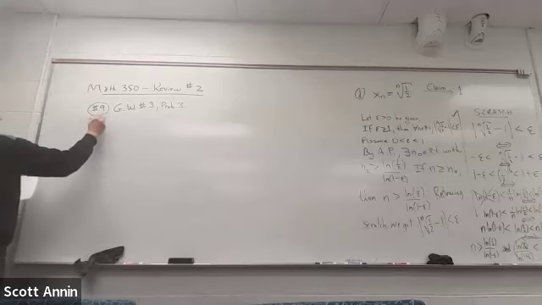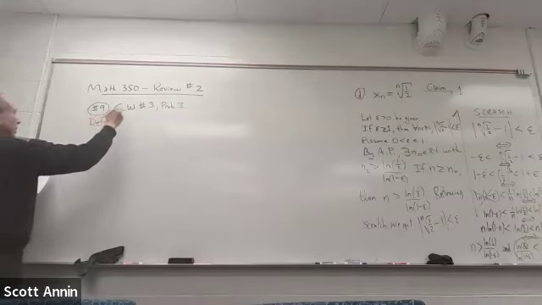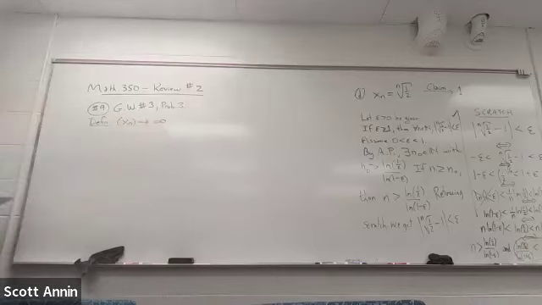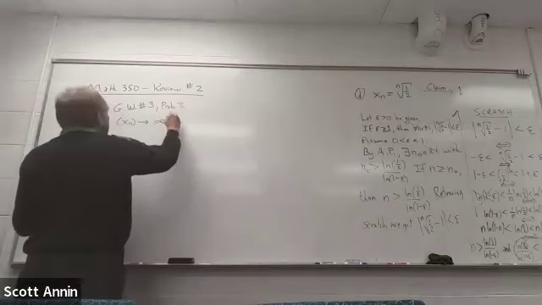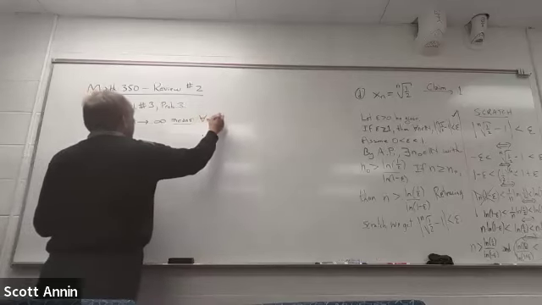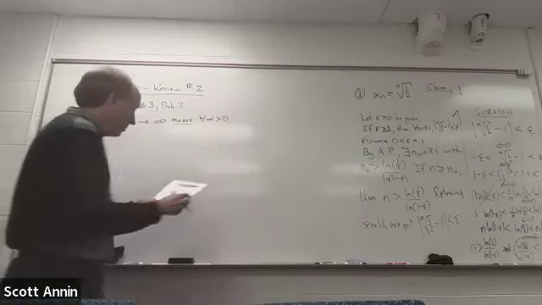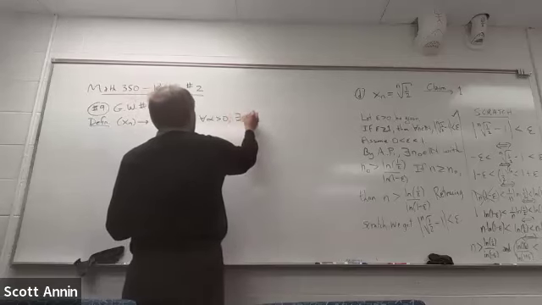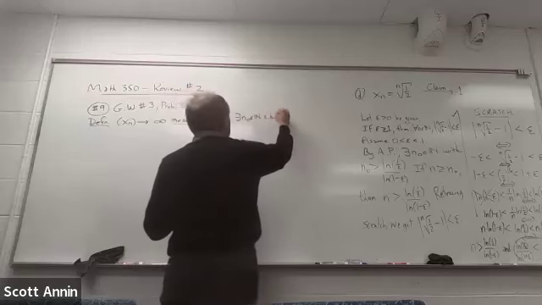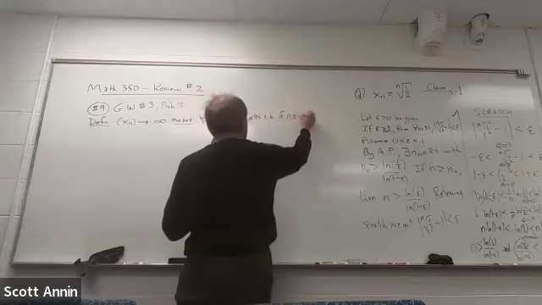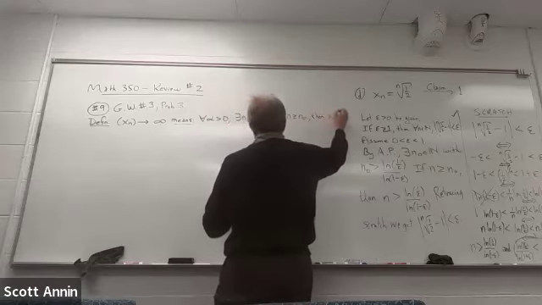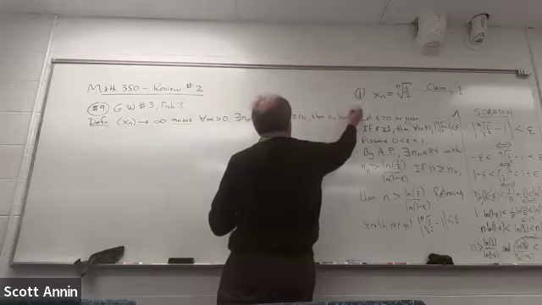So there's a definition here that I'm going to put down. What does it mean for a sequence xn to converge to infinity? This means for all alpha greater than 0, there exists an n naught in the natural numbers such that if n is greater than or equal to n naught, then xn is greater than alpha.